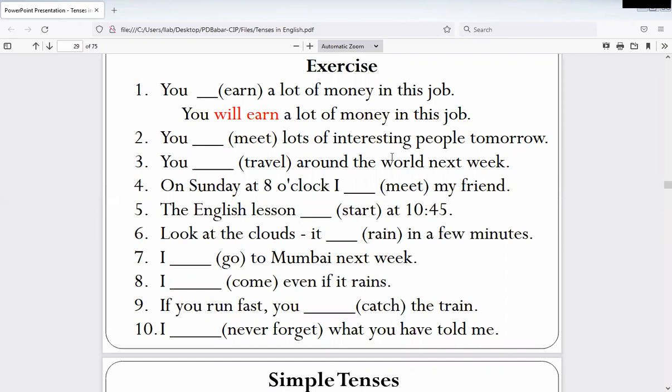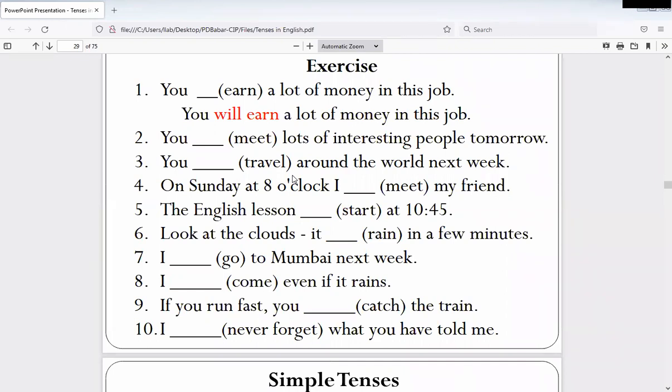Then the third example is: you in bracket travel around the world next week. Here with the phrase next week itself we can identify that the action is going to happen, and that's why we will use the structure of the future tense in this example.